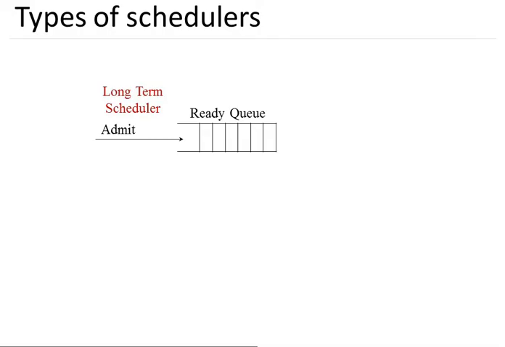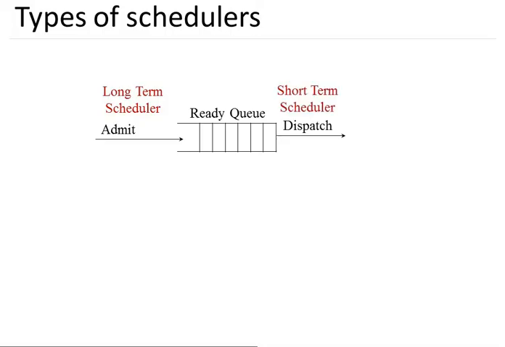Now once a process comes to the ready queue, the dispatcher comes into the picture. The task of the dispatcher is to give control of the CPU to the particular process which is selected for further execution. So who will select a particular process from the ready queue?